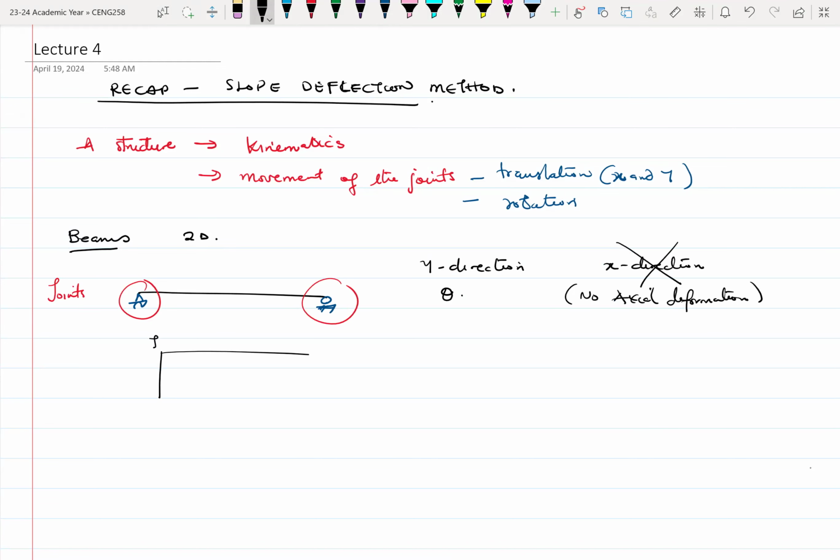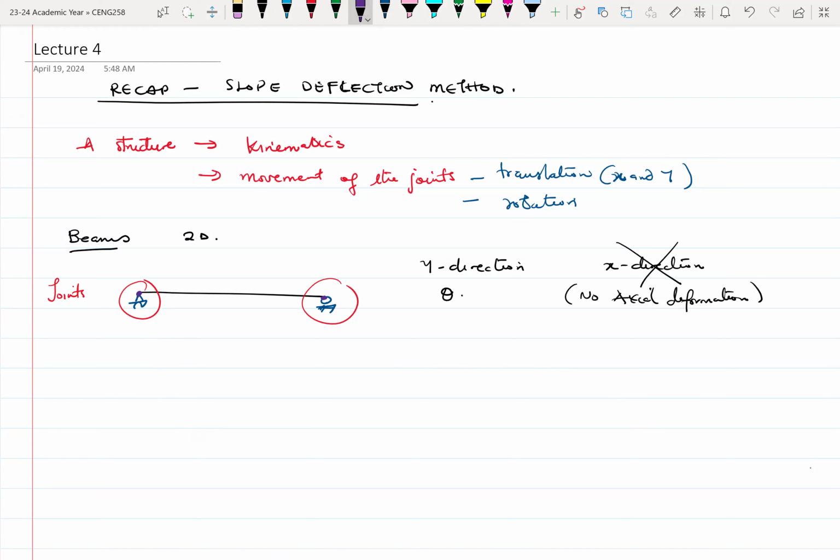So this could also be a joint right here. And usually if there's any change in the cross section, that point of change also becomes a joint. So we have discussed that before. So the supports can also be joints.